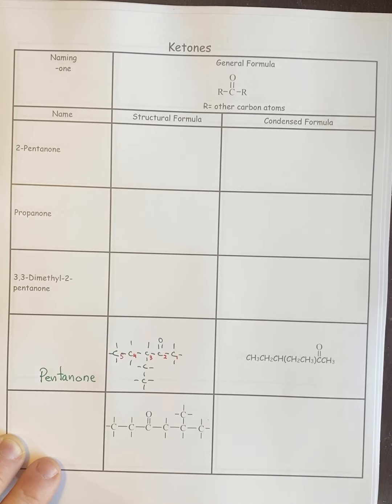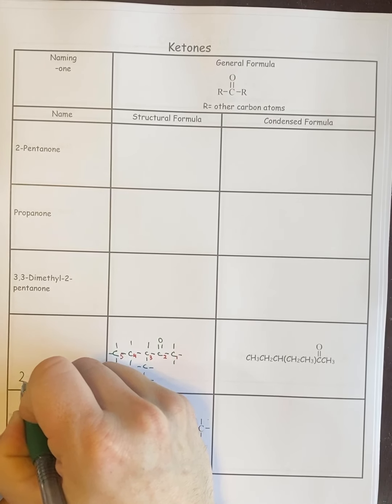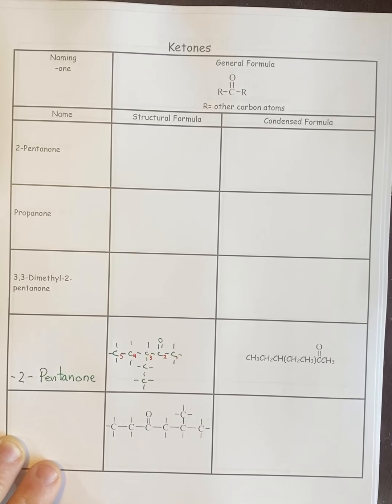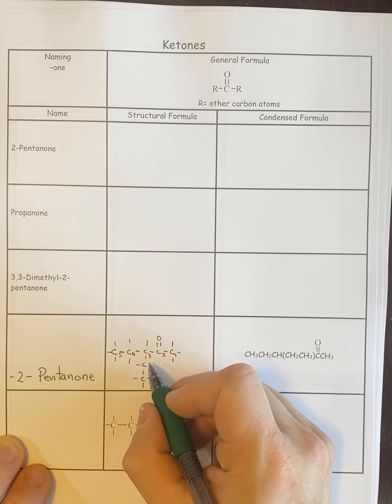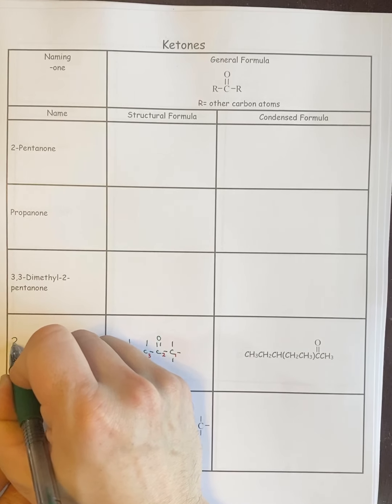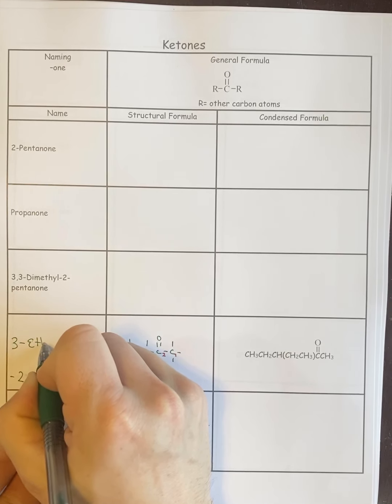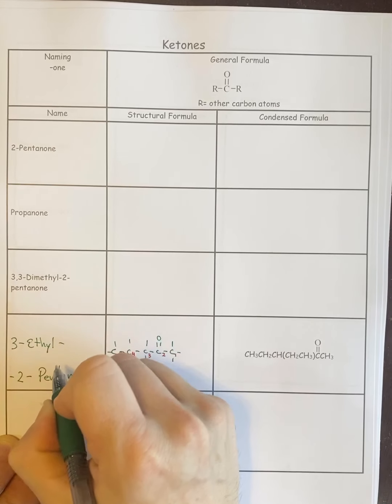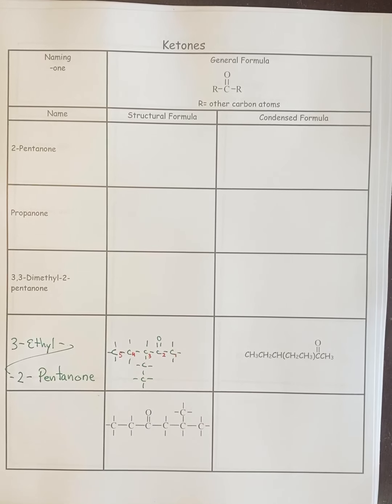It has multiple options, so therefore I've got to know which one it is. So I'm going to call this 2-pentanone. Then on carbon 3, there's an ethyl group, so 3-ethyl-2-pentanone. And that is the formal name on this guy.